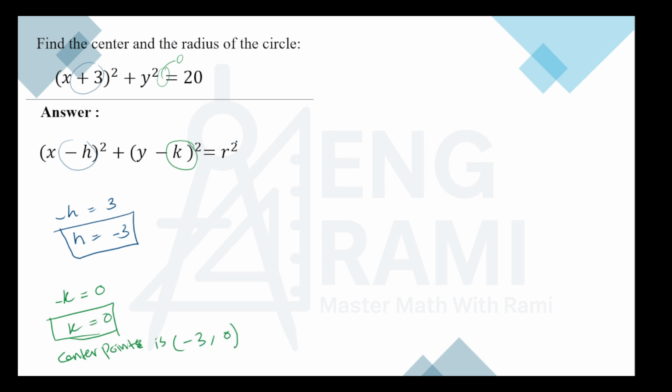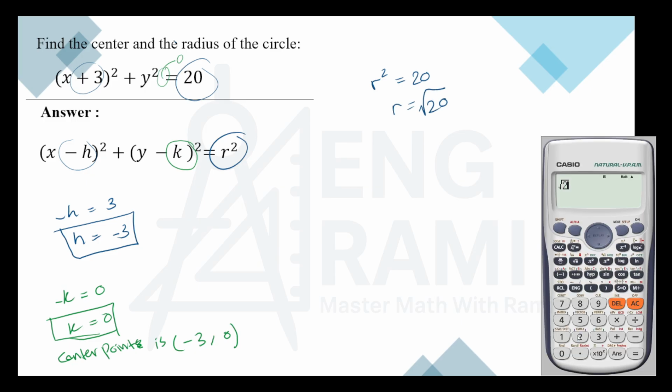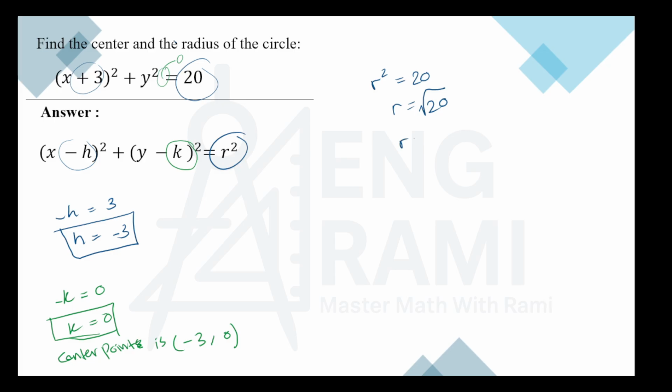With respect to the radius, you know that r squared equals 20. Then r equals the square root of 20. Square root of 20 equals 2 square root of 5, 4.47. Then r equals 4.47.